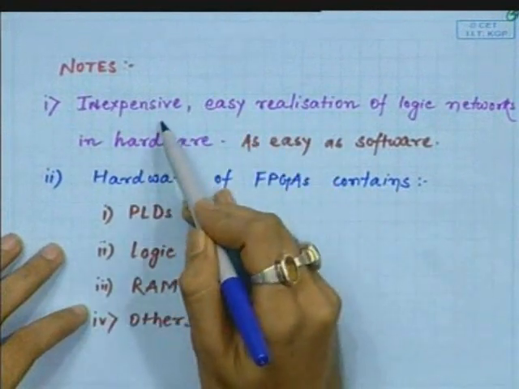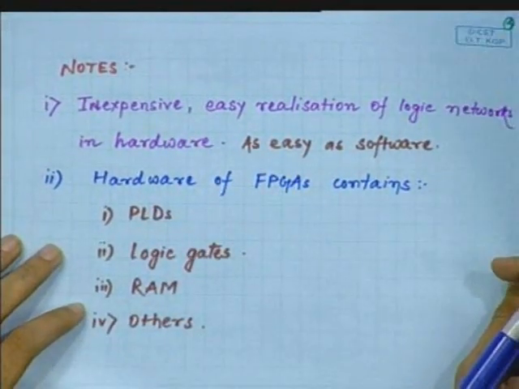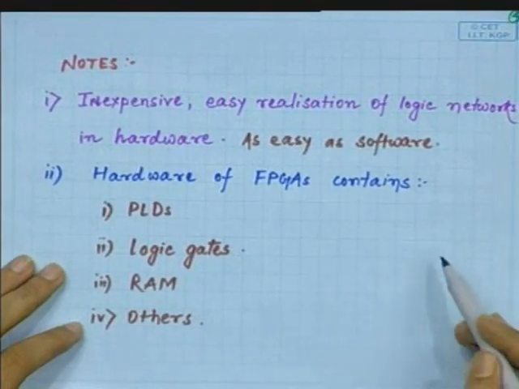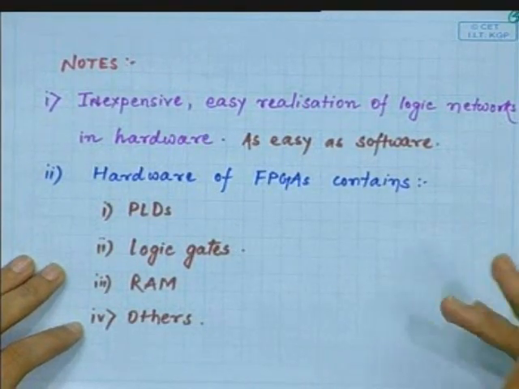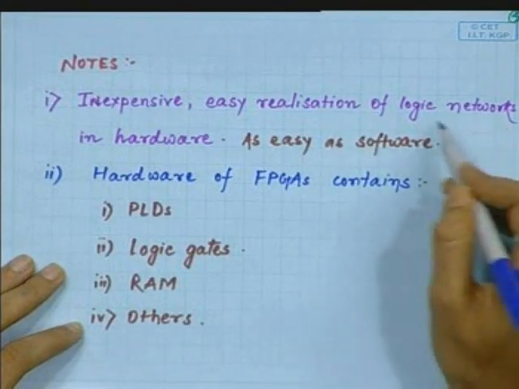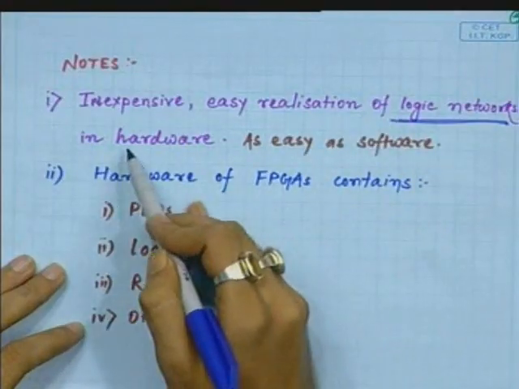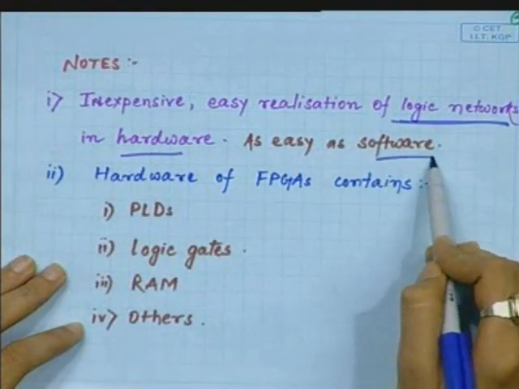FPGA is an inexpensive and easy realization platform of logic networks. Means it can be used in academics or by students to verify logic networks in hardware. It is as simple as software.